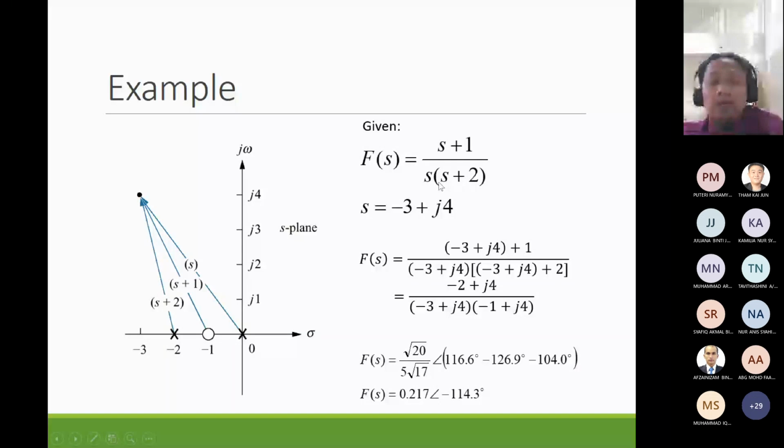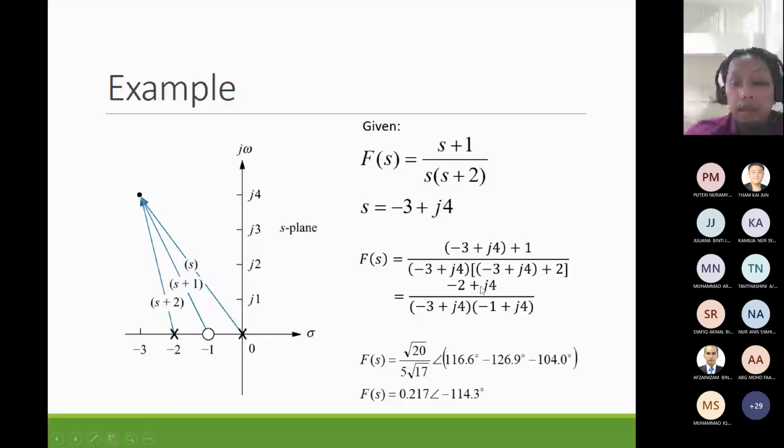So firstly, you substitute this point into the transfer function. Now s becomes minus 3 plus 4j. So you substitute every s with minus 3 plus 4j, and you get this. And then from here, you need to determine the magnitude and angle for each of the complex numbers.